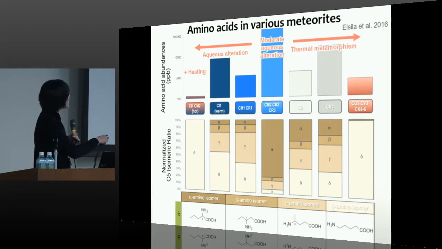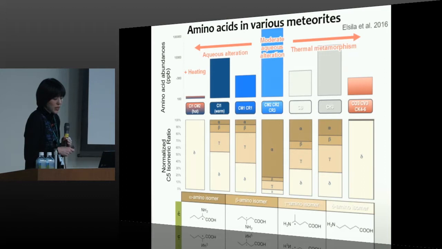So the moderately aqueous altered type of meteorites, like CM2, CR2, CR3 chondrites, have the most amino acid abundance, and mostly in the form of alpha type amino acid.